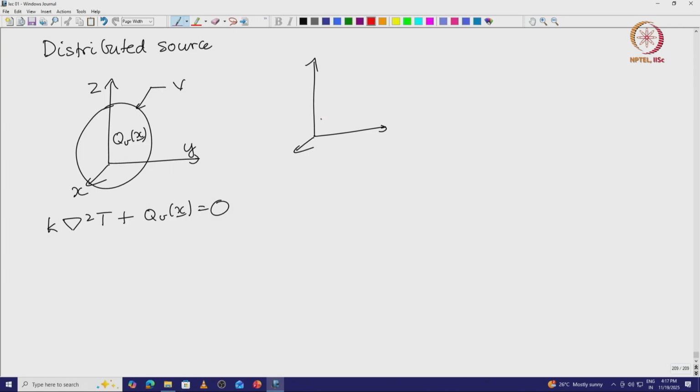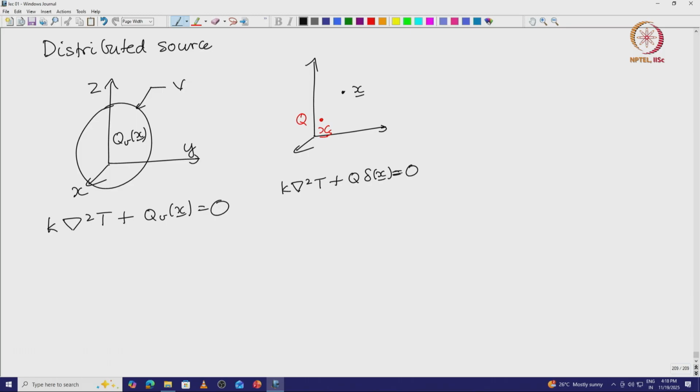So, if I just have a point source at some location x s, and the observation point is x, and I want to find out what is the temperature field due to this point source of strength q. The equation in this case is k del square T plus q delta of x is equal to 0.